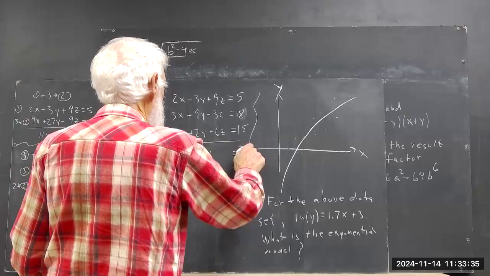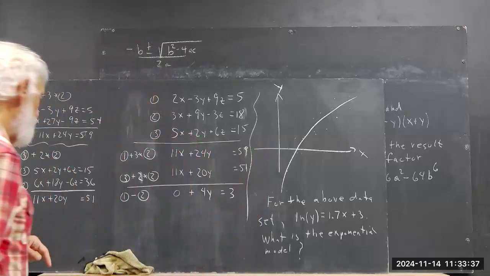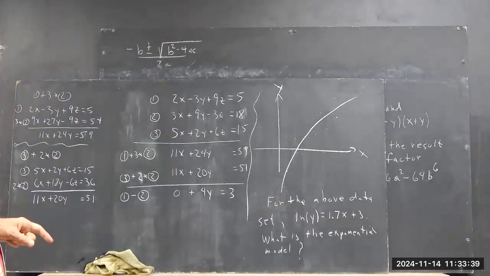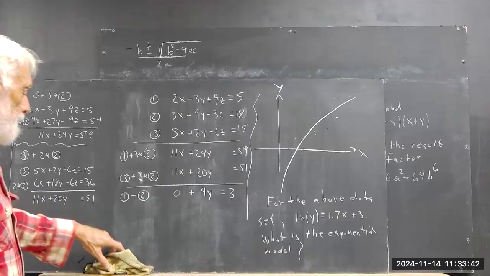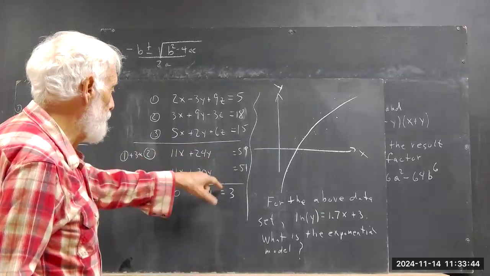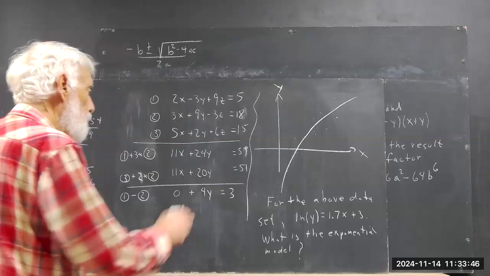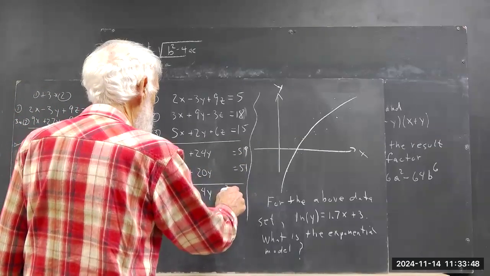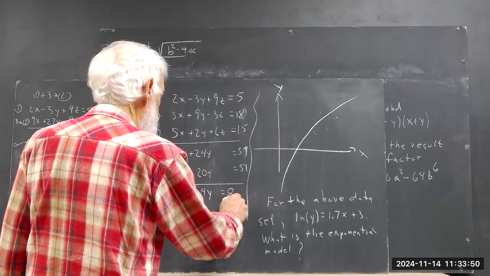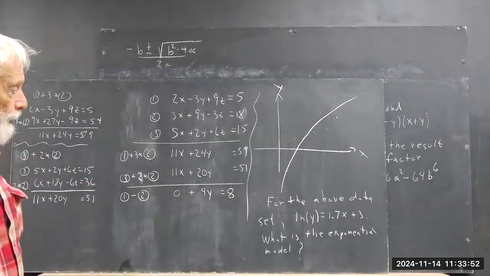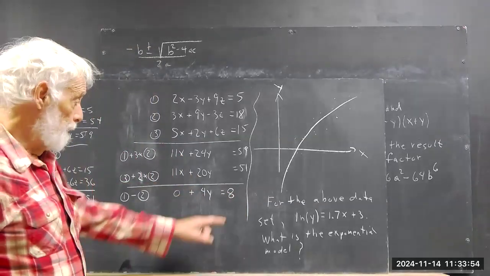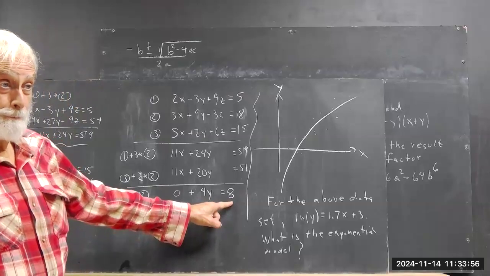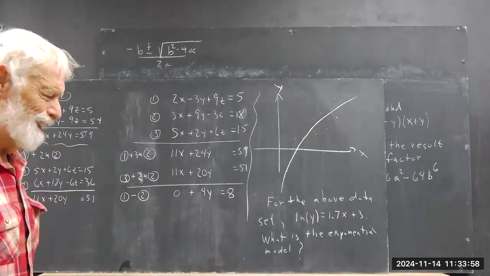And I think I copied my numbers down wrong too. No, I guess I copied them down right. Okay. Anyhow, that's 59. Now it's 51. Now when I subtract 51 from 59, I don't get 3, I get 8. So you see how smart I was in setting up my mistakes. I didn't have to do a lot of work to change a 3 to an 8. Okay, well, not really.